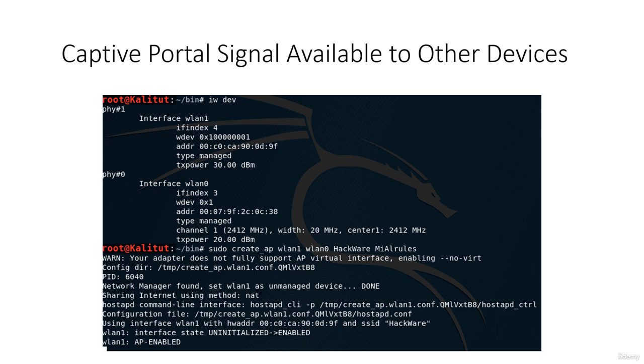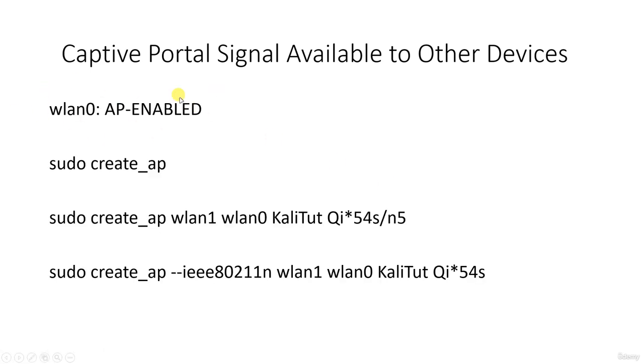After that, if a string appears, as you can see, wlan0 AP enabled, then everything went well. The command above creates an AP, the connection to which is not password protected. If you want to create a password protected AP, then use a command like this.